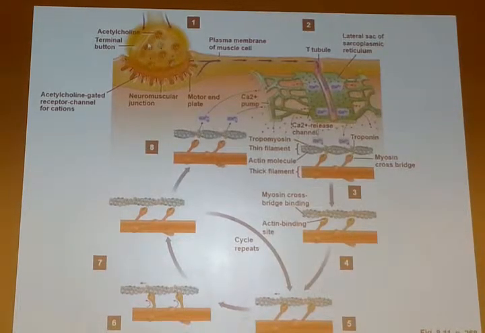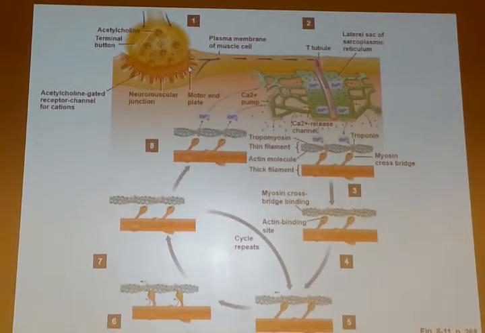So neuromuscular junction, action potential arrives. You get that depolarization releasing acetylcholine into the synaptic cleft. Acetylcholine binds to the ligand receptors in the muscle membrane.